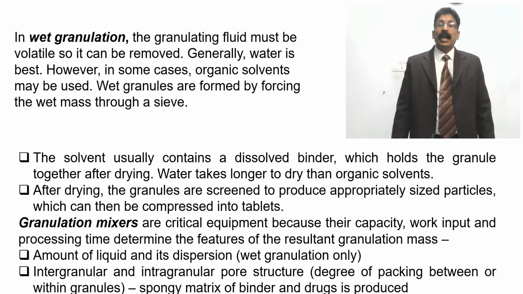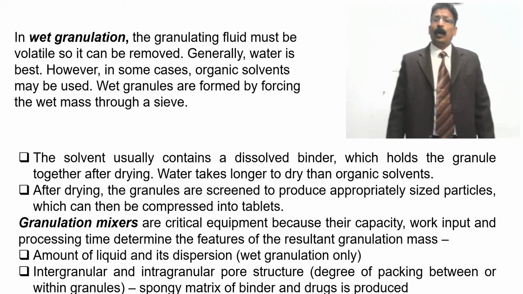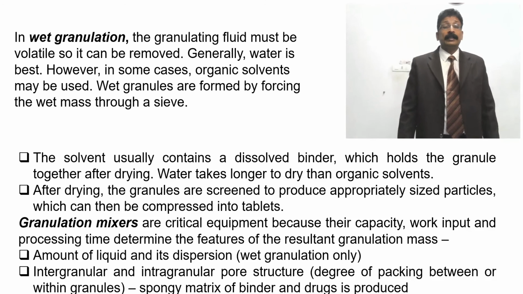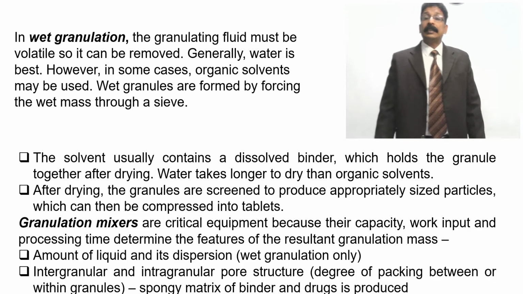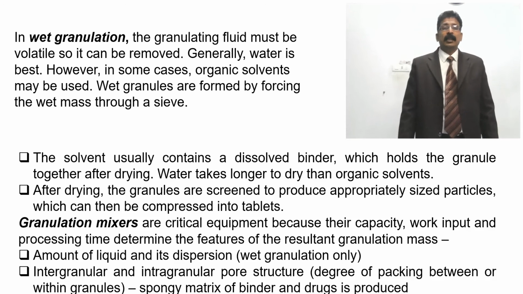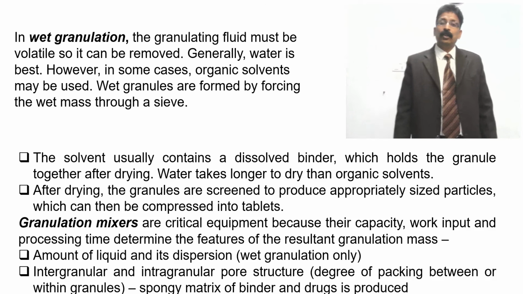Granulation mixers are critical equipment, because their capacity, work input, and processing time determine the features of the resulting granulation mass, such as the amount of liquid and its distribution, in wet granulation only.